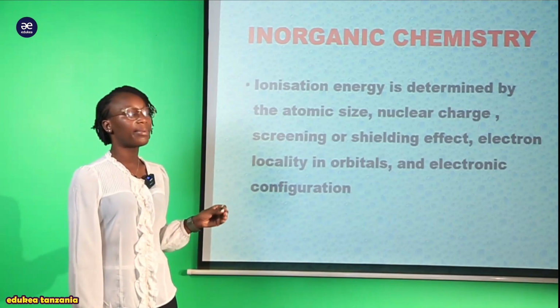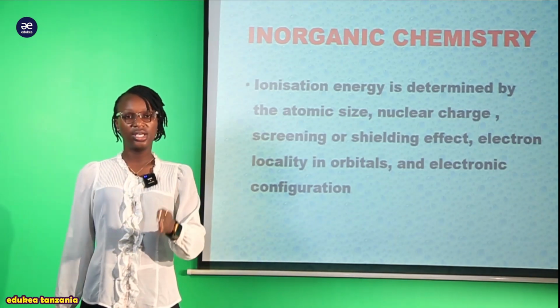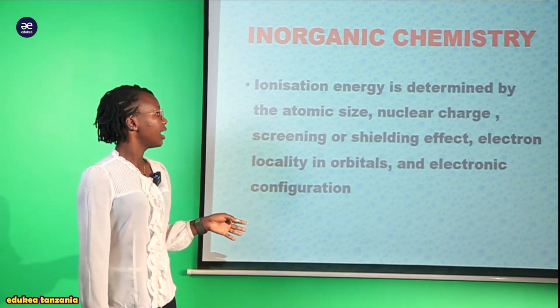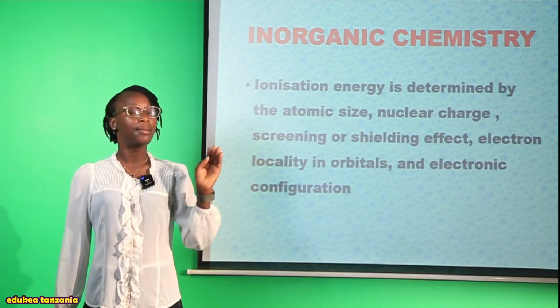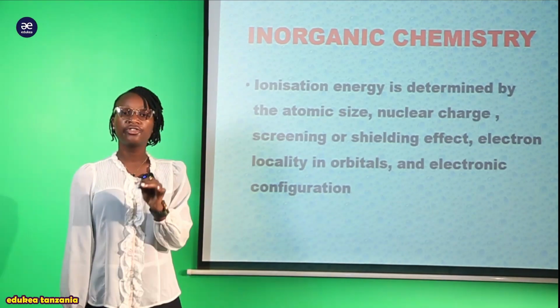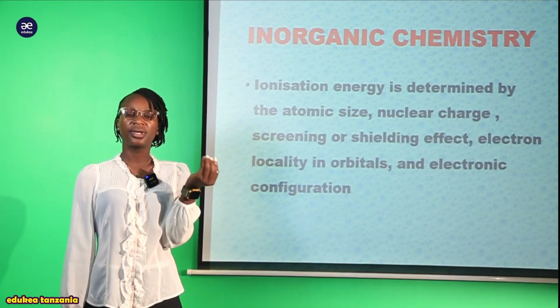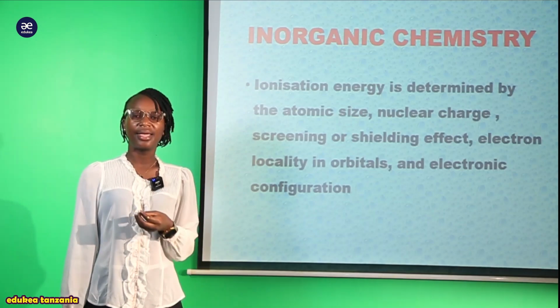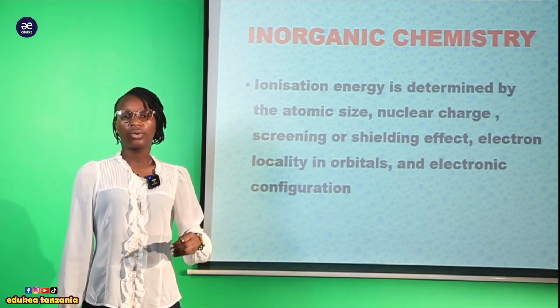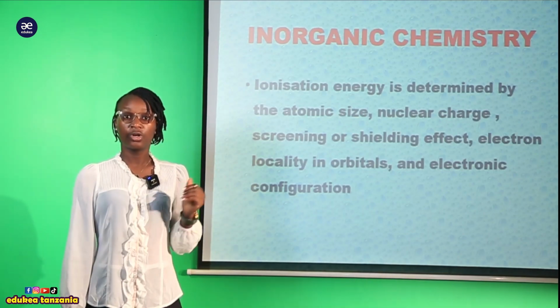Tunapata new concepts kwamba tunapozungumzia ionization energy, you can see that anasema kwamba it is determined by the following. Kama tulivyoona kule kwamba atomic size inakuwa determined by atomic radii, tukaja kuona kwenye atomic radii kuna vitu gani, vyote tulivisoma.